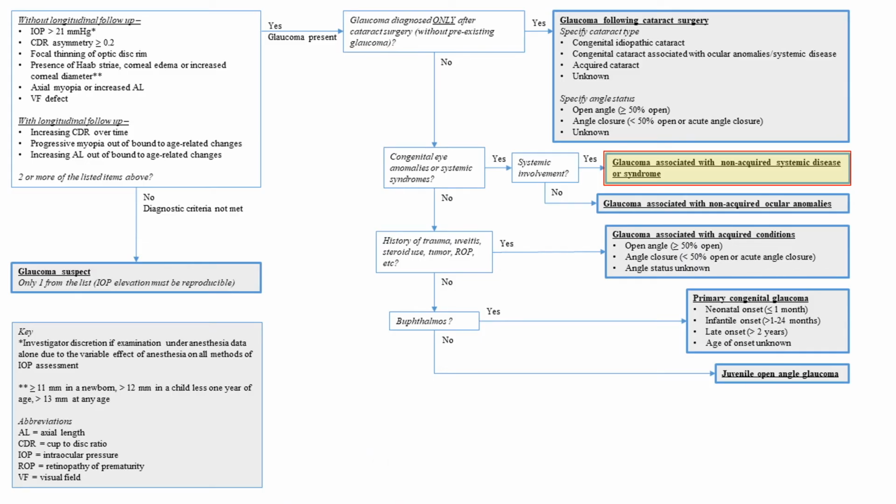And this is a very extensive classification scheme of childhood glaucoma. And glaucoma associated with Sturge-Weber syndrome really falls into the box that is highlighted: glaucoma associated with non-acquired systemic disease or syndrome.